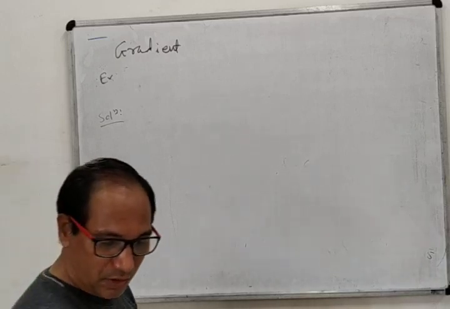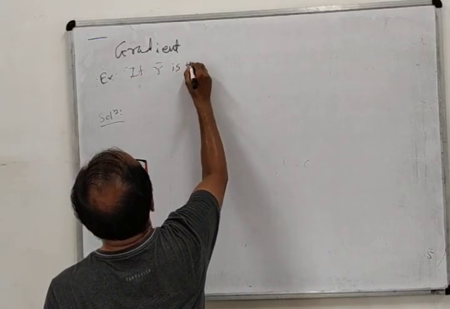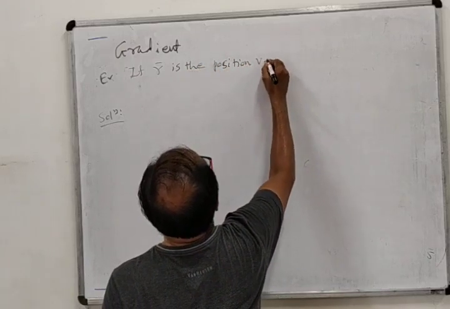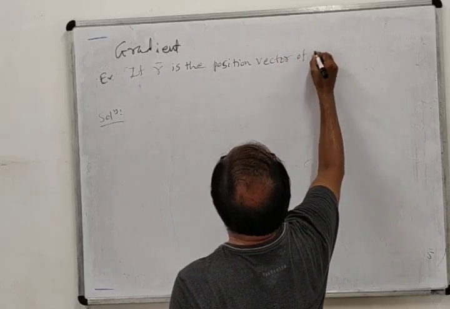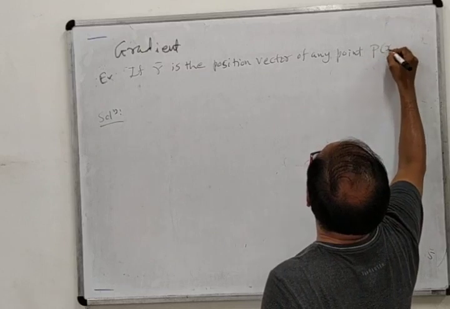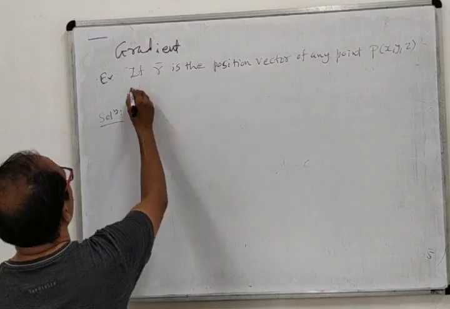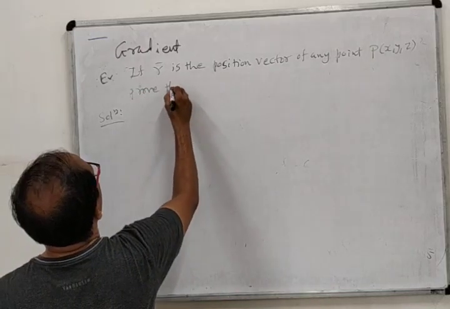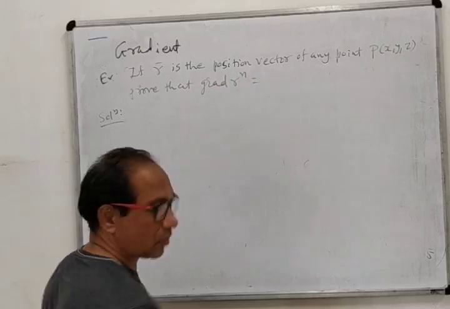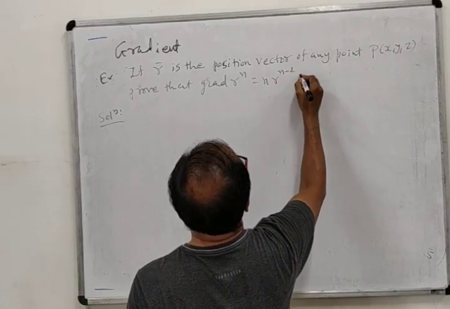If r bar is the position vector of any point P(x, y, z), prove that gradient of r raised to n equals n r raised to n minus 2 into r bar.